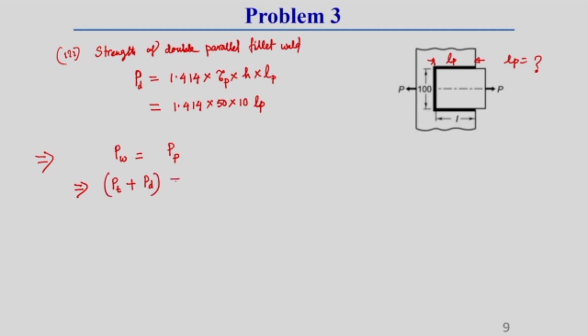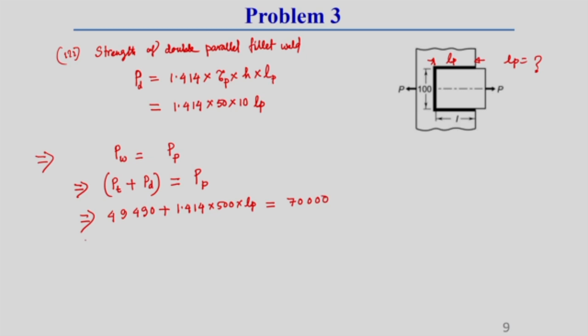So, PT plus PD will be equal to PP. PT we have already calculated as 490, and PD is 1.414 into 50 into 10, that is 500 into LP. This will be equal to the strength of the plate, which is 70,000.